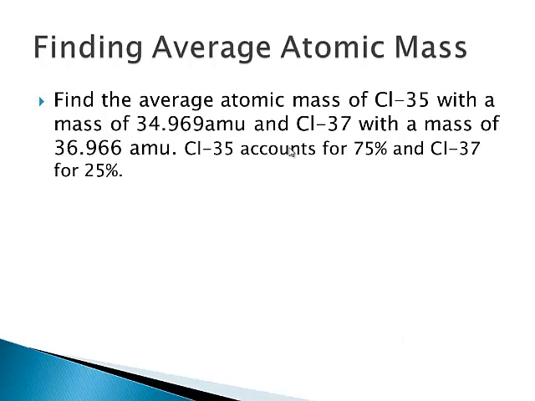So when it says to find the average atomic mass of chlorine-35, that's another way to write our atom. You know that chlorine has 17 protons, and so this 35 is telling you the mass number.